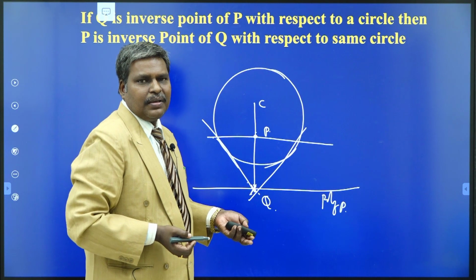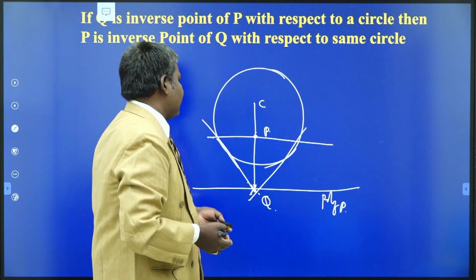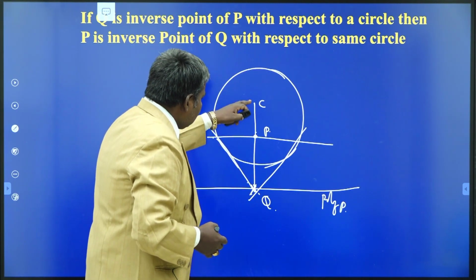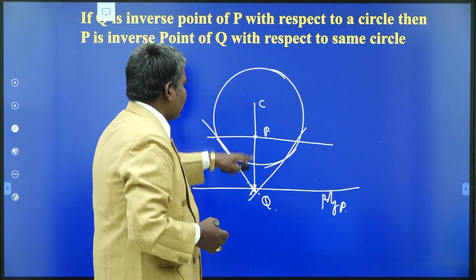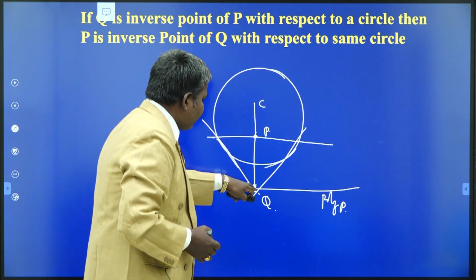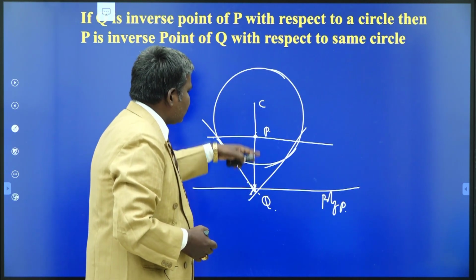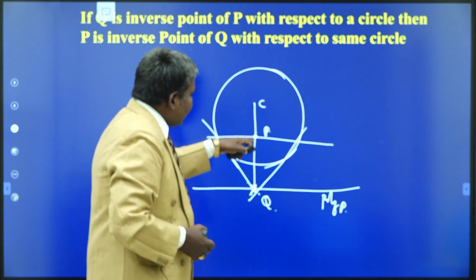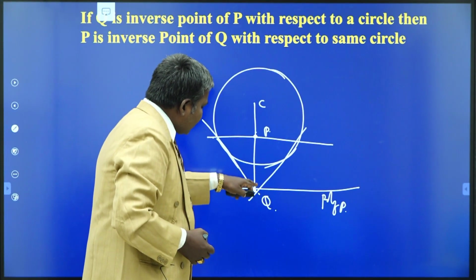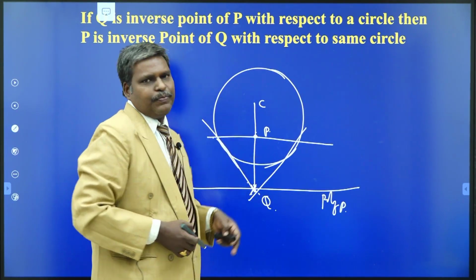By the definition of pole and polar, the conjugate points definition itself. So here C, P, Q are collinear. P is the point of intersection of the polar of Q and the line joining CQ. So the inverse point of Q is what now? P. The inverse point of P is Q, then the inverse point of Q is itself P.